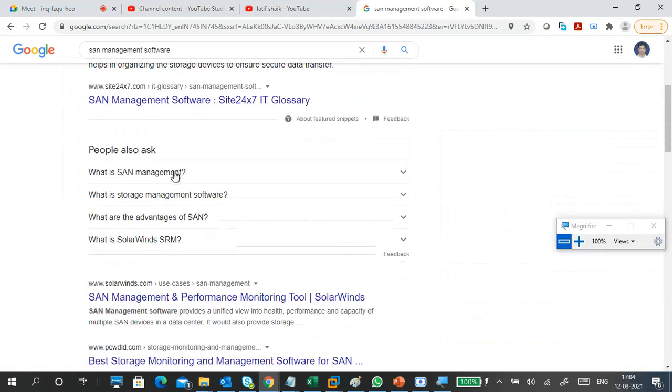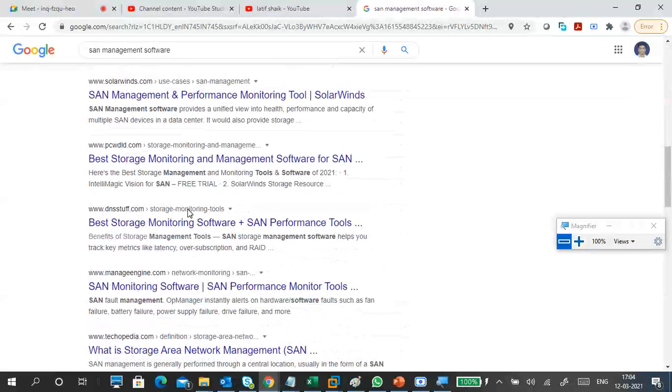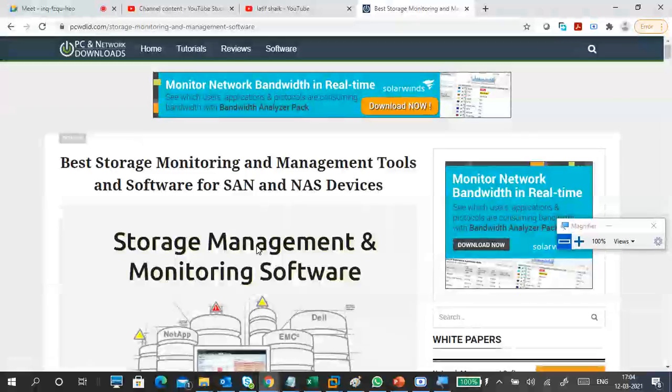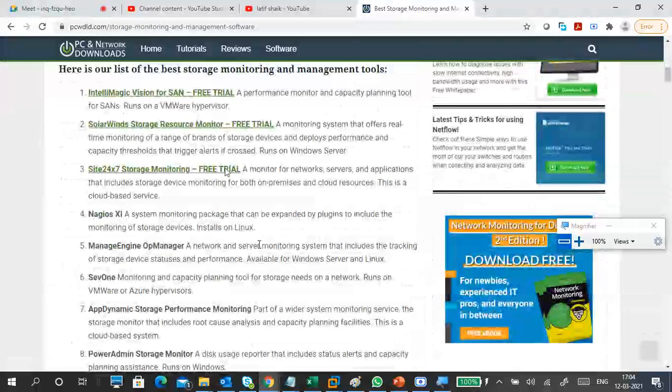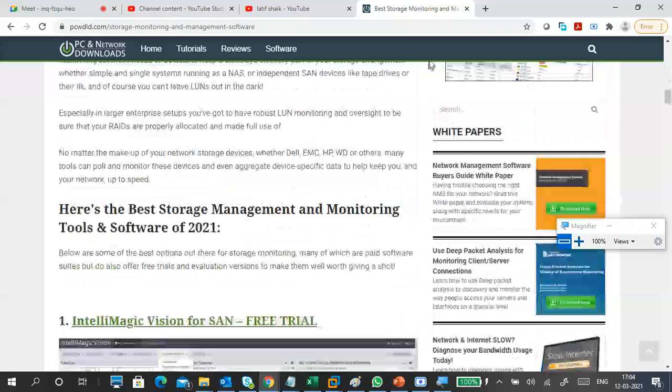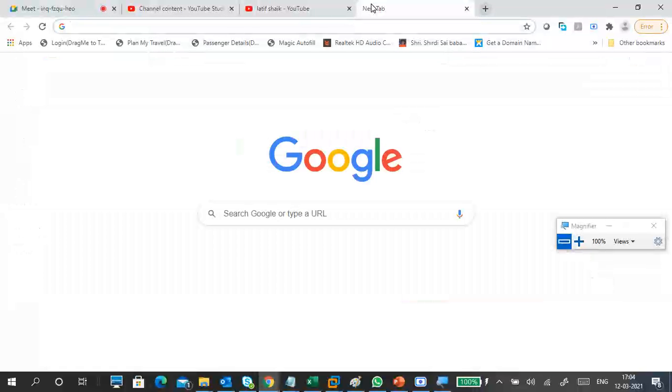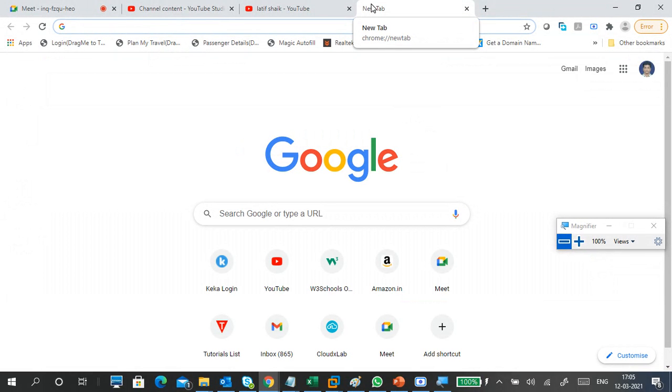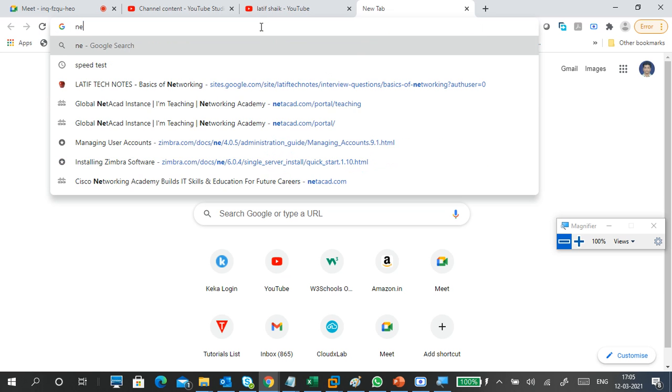Why am I not able to recollect it? NetApp. I got it, NetApp.